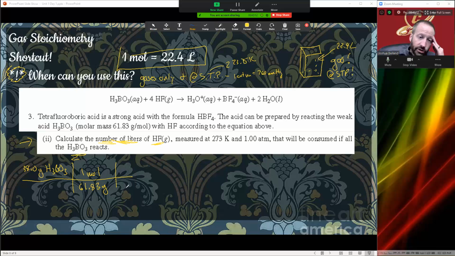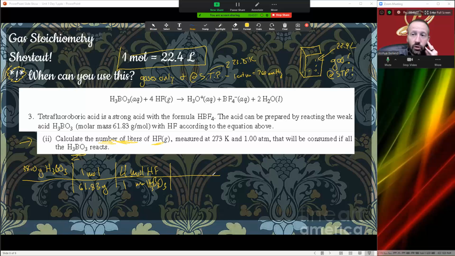All right, so grams to grams, moles to moles. This is my mole ratio. 1 mole of H3BO3, that's supposed to be an H3BO3. I know, you wish my writing was as fancy as the rest of my print here, I know. Makes 4 moles, or needs 4 moles of HF to react.